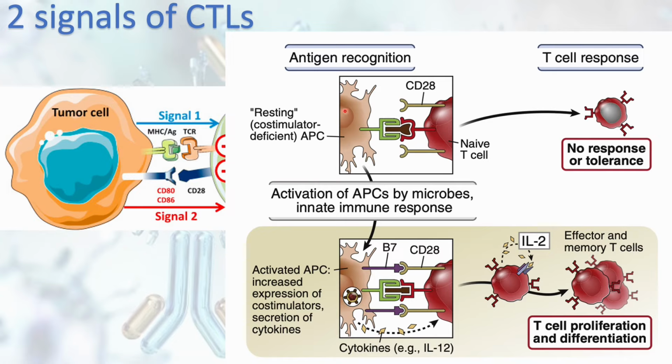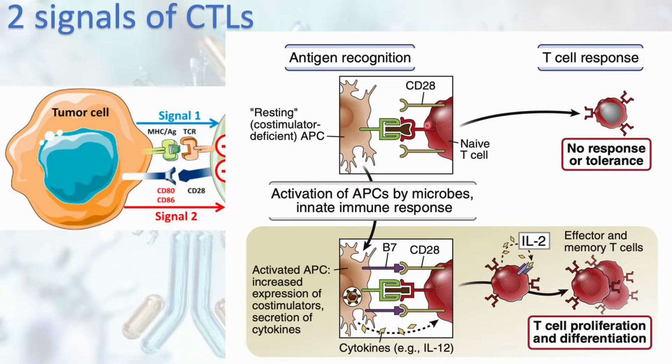Now, it's actually important to have this requirement of two signals instead of just one to prevent autoimmune disease. Because imagine we have resting antigen presenting cells in the blood floating like this, and they engage with a naive T cell.